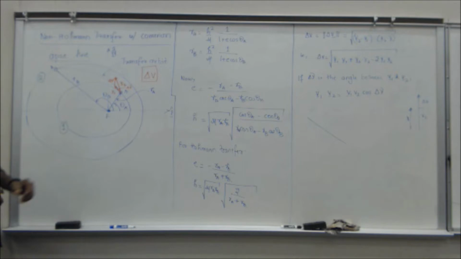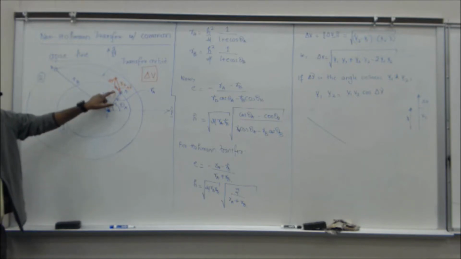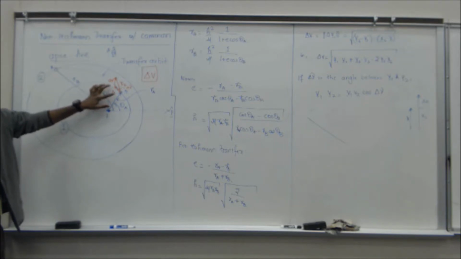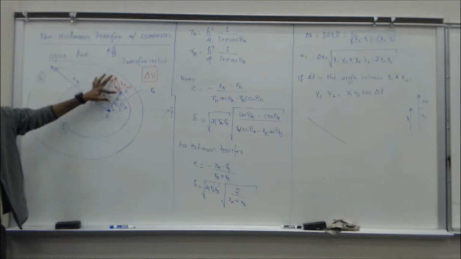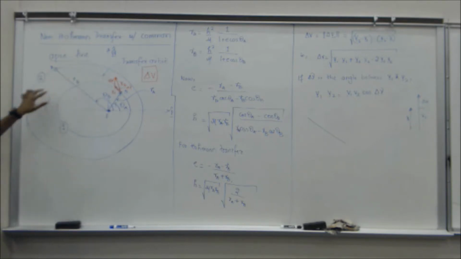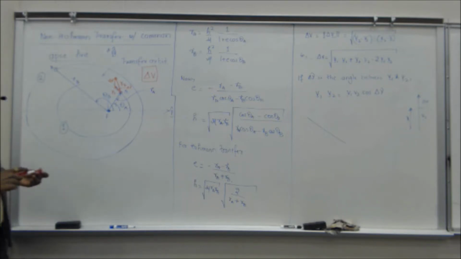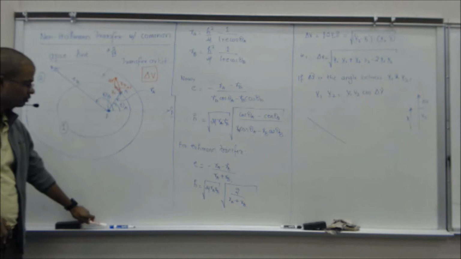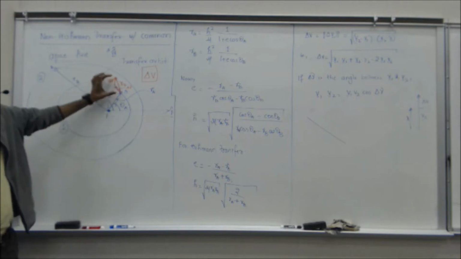So you have to understand that when you're doing this, you're not just changing the direction of V1, but you're increasing the magnitude as well, right? If you just keep it, it'll do the same thing and get back to a similar orbit.